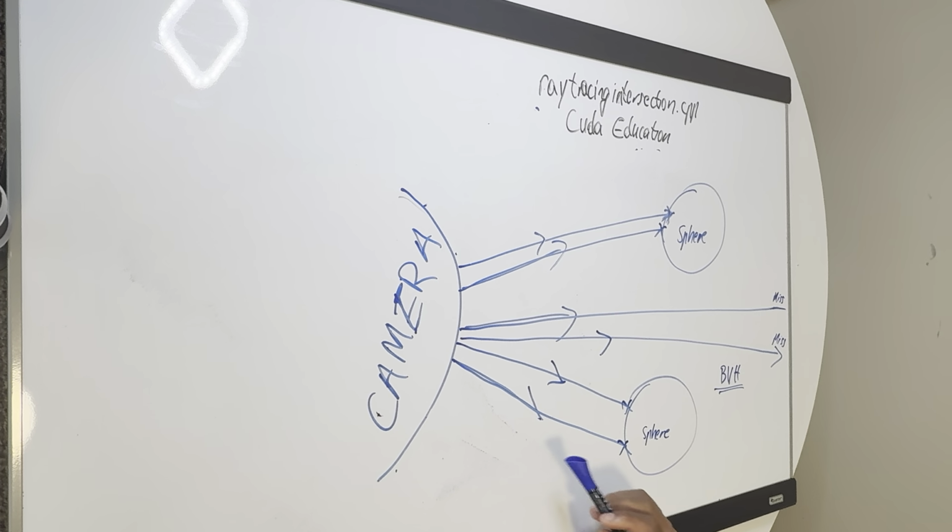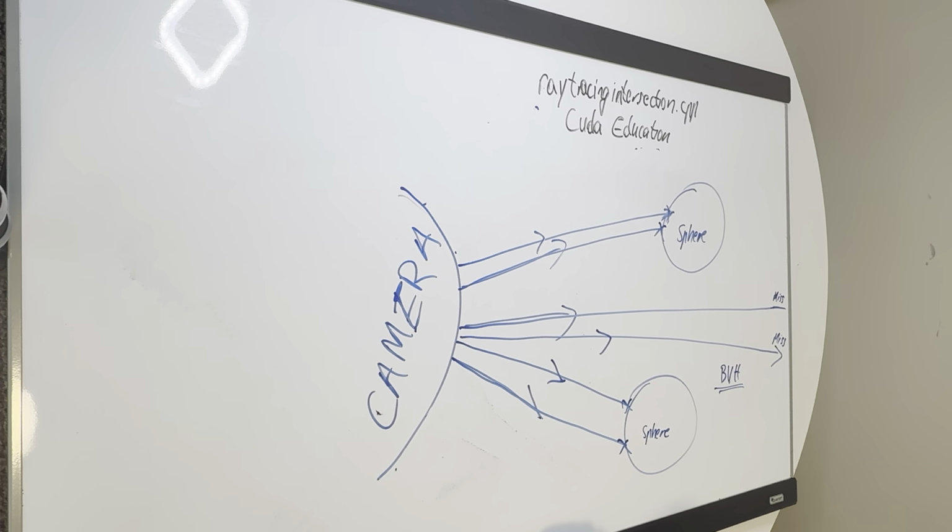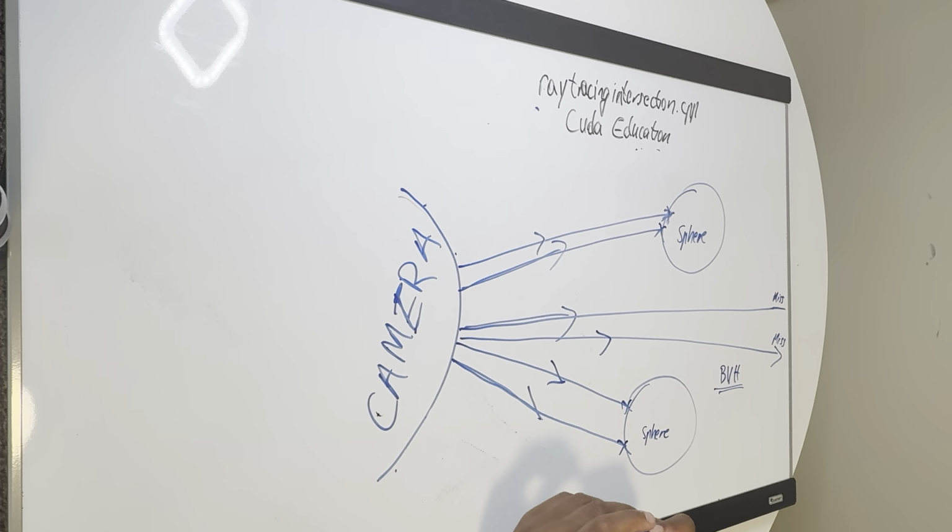What happens is that when these rays are traversing the scene, we need an efficient way for the GPU to understand or to basically categorize what's happening with the rays. Right here we have only two spheres, but in the application, in ray tracing intersection.cpp, which is not an application that I built, by the way. It's built by a gentleman by the name of Sascha Willems.